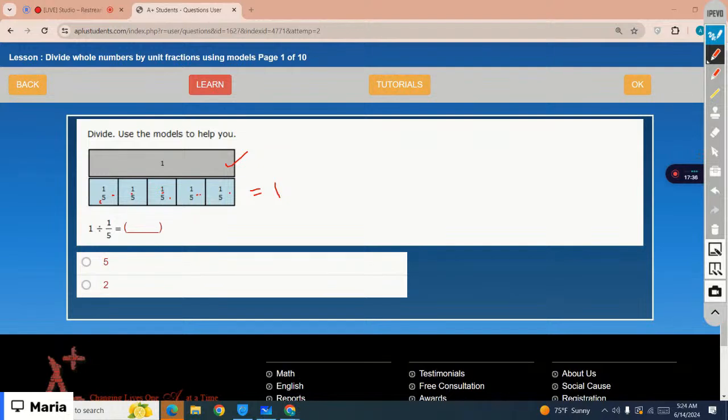So 1 divided by 1 by 5 is 5. Got it? The correct option is 5.